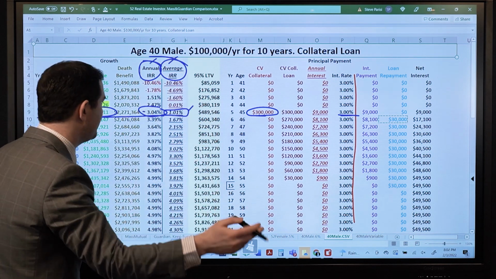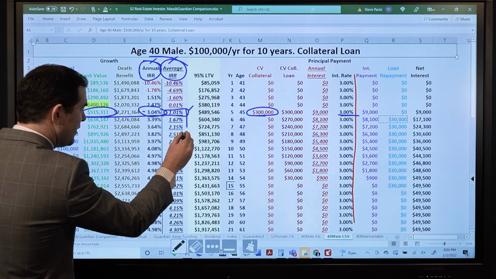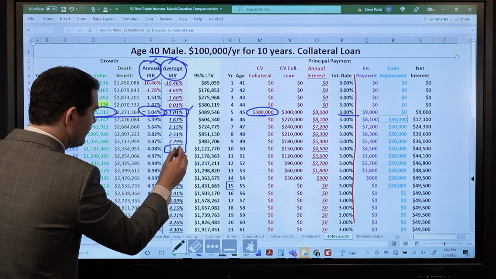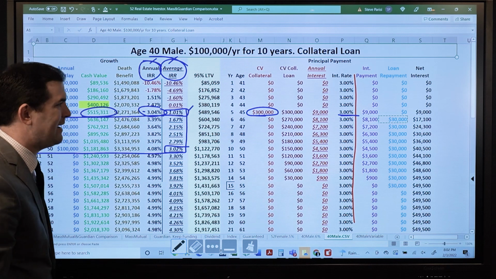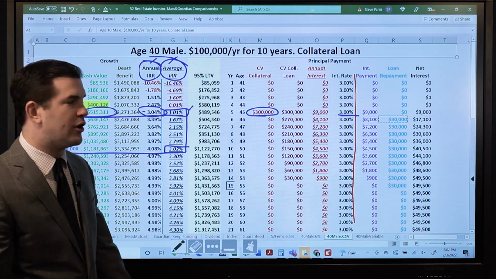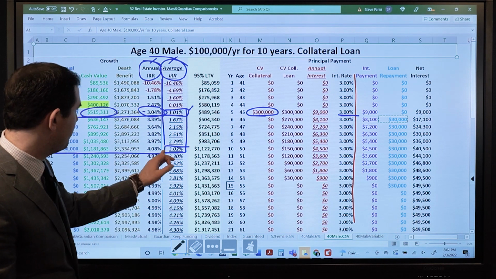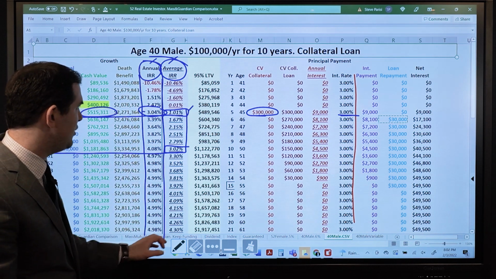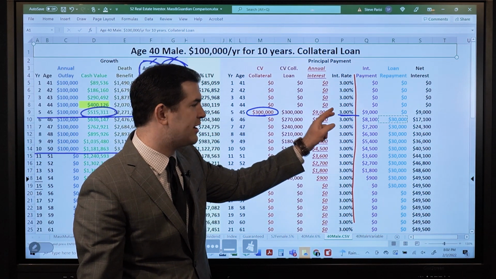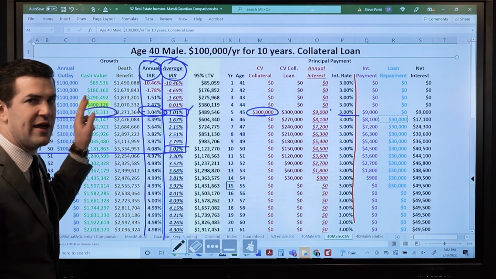Hopefully this does provide some value as we continue to go through it. When I look at the average IRR over here, year 10 is where I exceed 3%. So again, it's good to look at both. I'm a fan of the annual because I get to see what I'm paying in loan interest that particular year and what I'm earning that particular year.